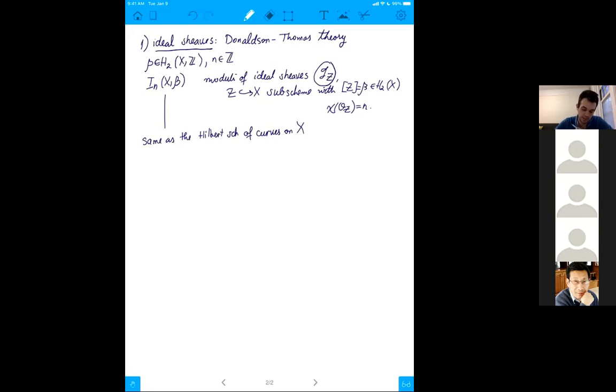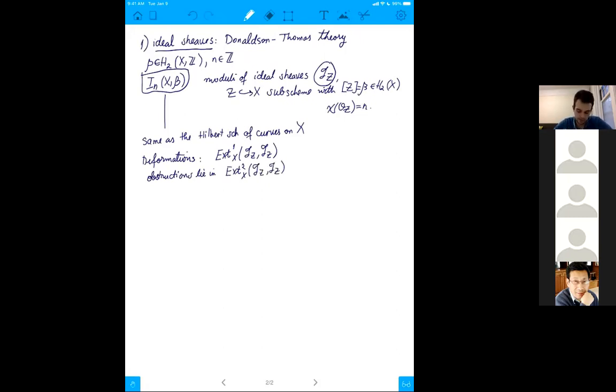Okay, so let's see what is the deformation theory of this space. The infinitesimal deformations will be given by Ext^1 on X of (I_Z, I_Z), and the obstructions, deforming this to higher order, will lie in Ext^2(I_Z, I_Z).